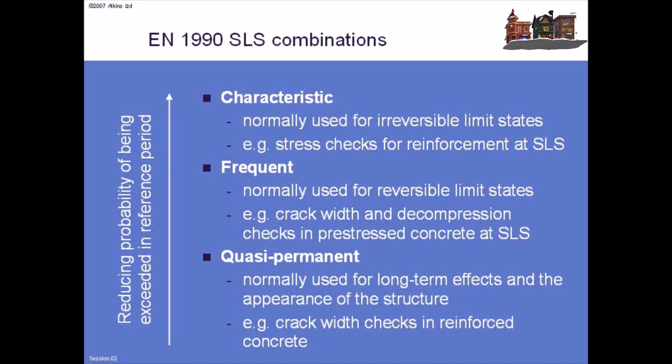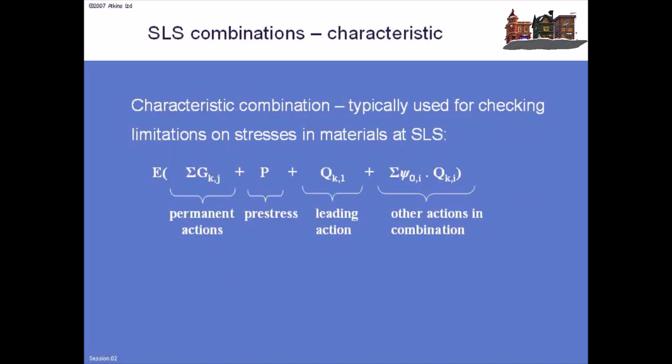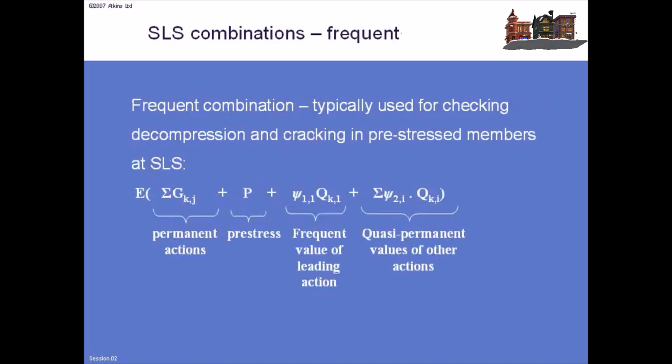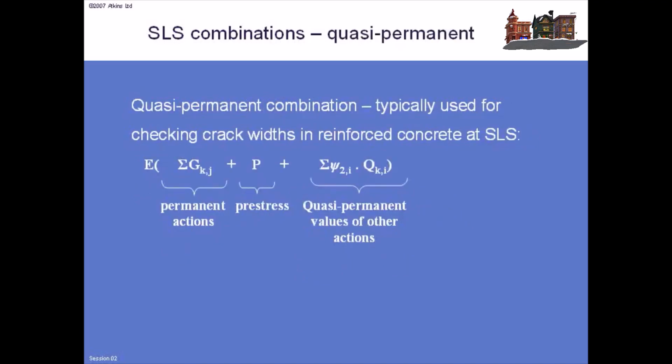The serviceability combinations look very similar to the ultimate limit state one. So the characteristic combination is basically the same as the ULS persistent combination, but without the gamma factors. And then the frequent combination has the leading action reduced by the frequent factor, and the quasi-permanent combination has all of the variable actions reduced by the quasi-permanent factor.